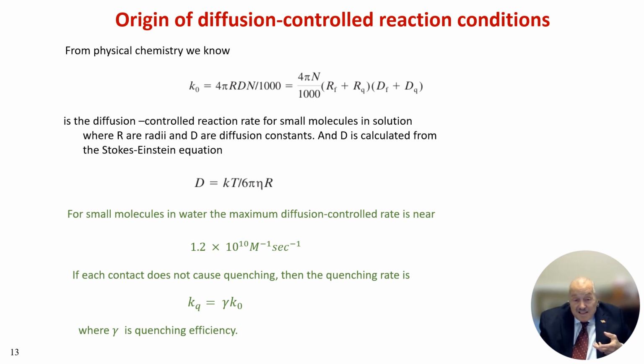So we say that instead of this calculated bimolecular quenching constant, the maximal bimolecular quenching constant, the one that we observe is that maximal value times whatever the quenching efficiency happens to be.